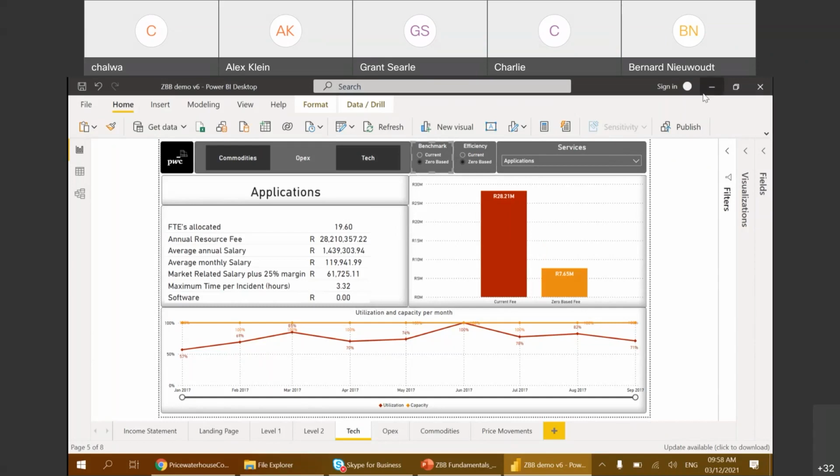Let's take an example: Oracle. We have a technical team that helps us if we have Oracle issues, and the team is on site all of the time, but we actually only use them 30% of the time, and we're paying them exorbitant rates, a monthly salary of an average of 120 as opposed to where market is 61.